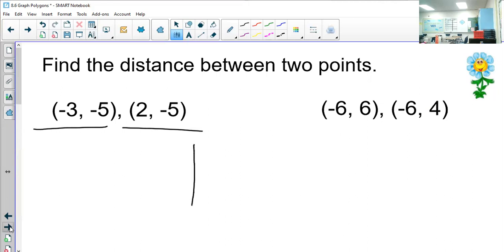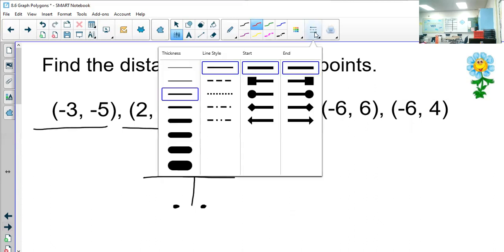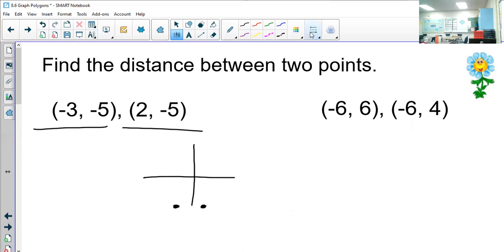If we had a coordinate plane and I was going to graph -3, -5, just rough guess, it would be like right here, okay? And then if I was going to graph 2, -5, it'd be like over 2, down 5, it'd be like right here. So they want to know what's the distance right here. How far away are these 2 points?